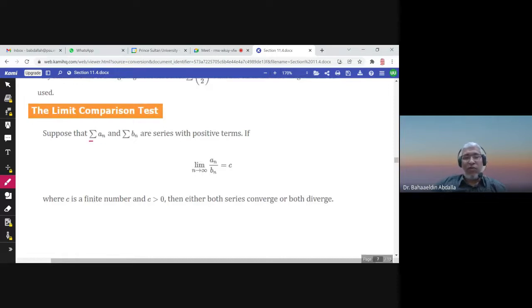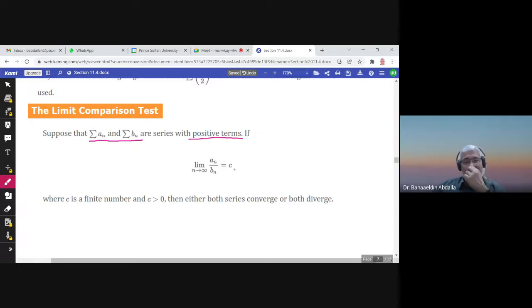We also have two series with positive terms, so the same condition as the direct comparison test, but here we will prove that the summation of a_n is convergent or divergent by taking the limit of a_n over b_n when n approaches infinity.